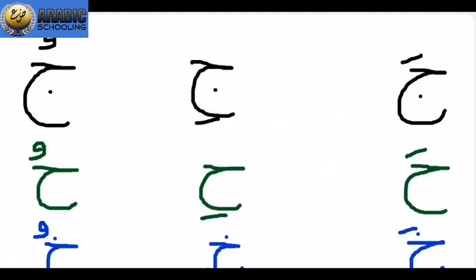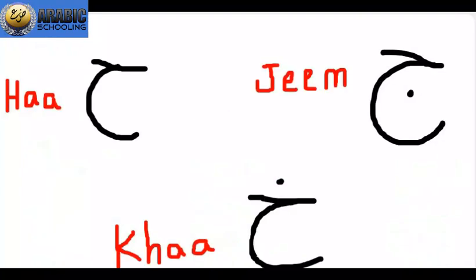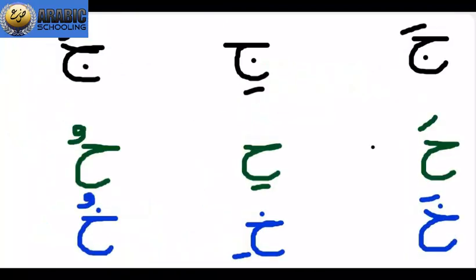For the letter Jeem, you will not pronounce the whole name of the letter. You will not say Jeem and then put the short vowel. You will just take the J letter, the Ha sound, and the Kha. So here we have the same letters, but with the short vowels.